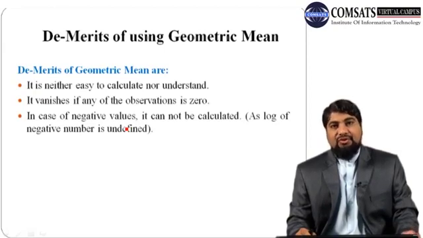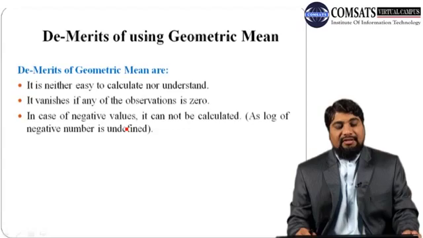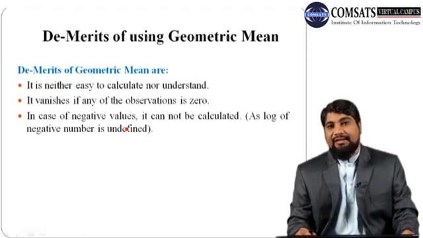And if we use the alternative version, the logarithmic form, remember that the log of a negative number is also undefined. The log of a positive number is defined, we can calculate it, but the log of a negative number does not exist. So that's why in case of negative values we cannot calculate the geometric mean.